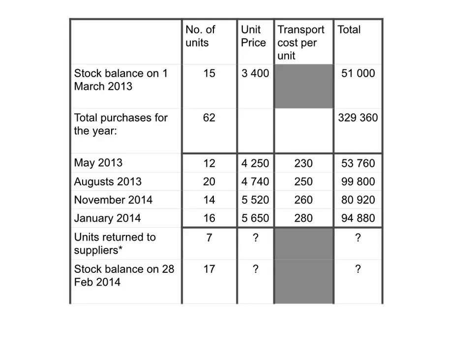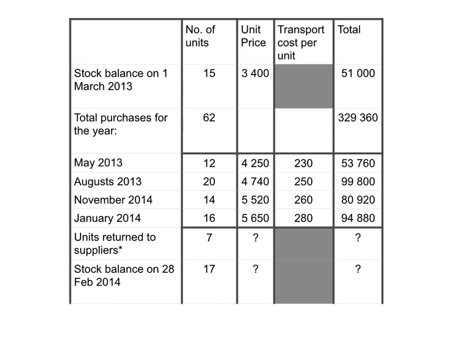Let's look at our records. At the beginning of the financial year, we have 15 units with the total thereof being 51,000. We have total purchases amounting to 62 units, the total amount of which being 329,360.